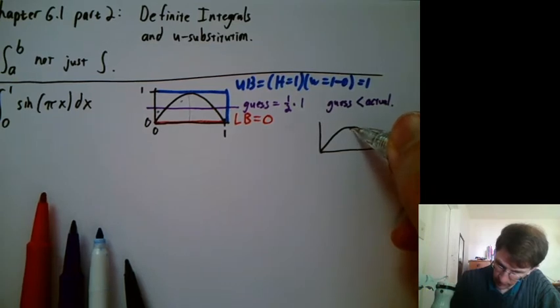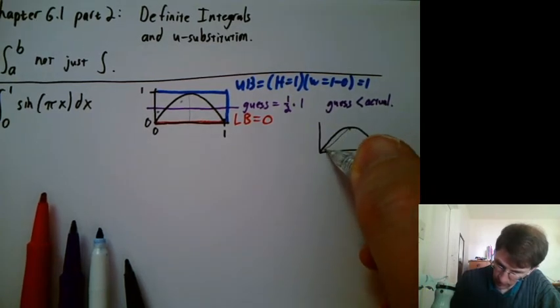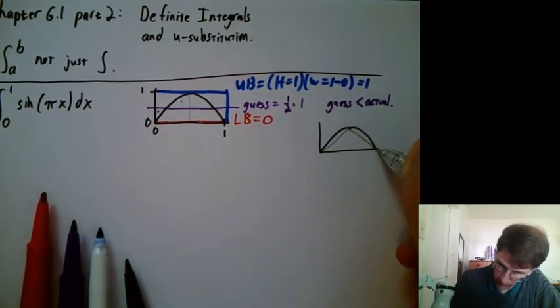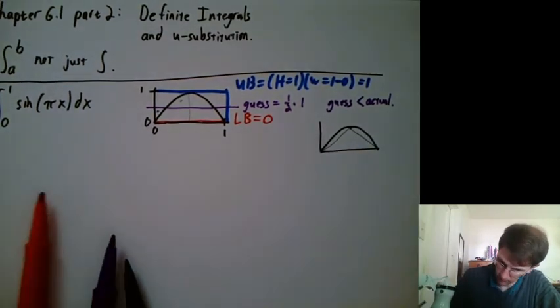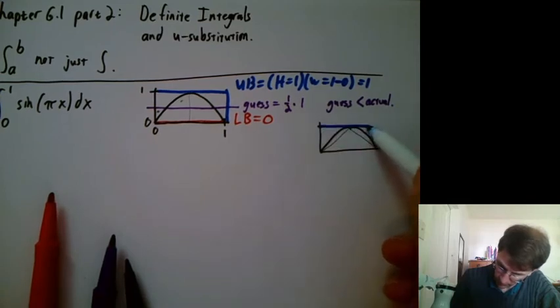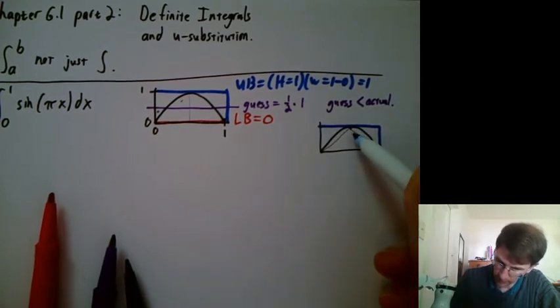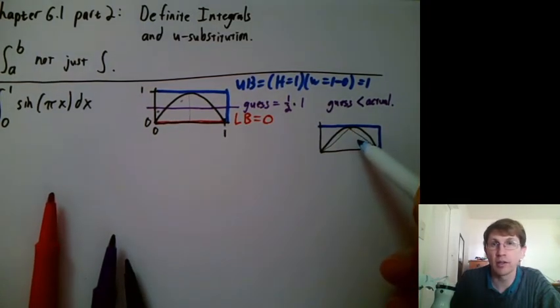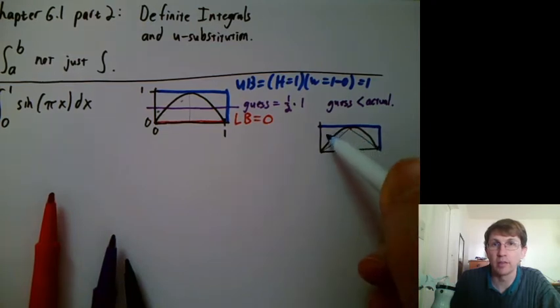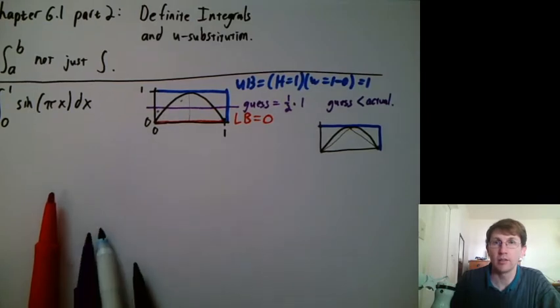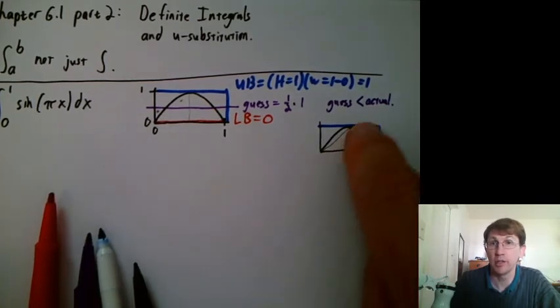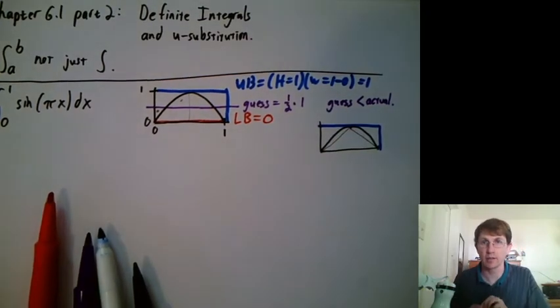Another way to divide a rectangle into two parts is by doing a triangle like that versus my rectangle like that. Do you agree that that lower triangle is half the area of the rectangle, and the sum of those two triangles is also half the area of the rectangle? And then that shows me that my guess is coming in below the curve I want, so that's more evidence that the guess is less than the actual.